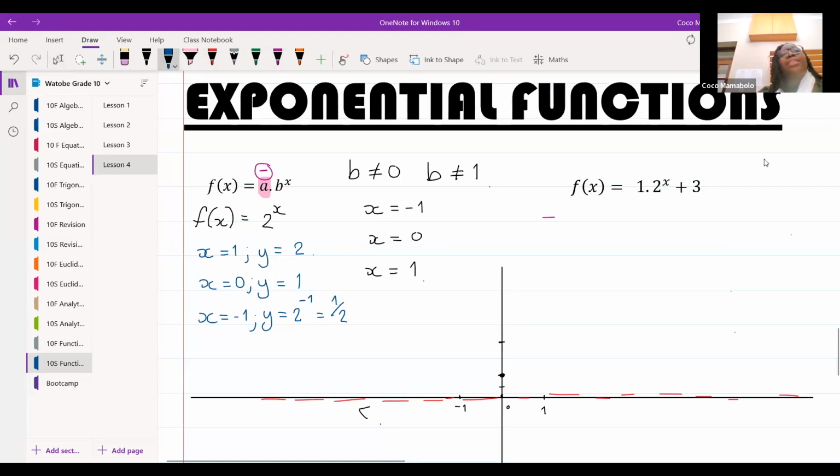Okay. What this tells me is that my y asymptote is 3. Okay, so I can go to my graph over here and draw my y asymptote at 3.